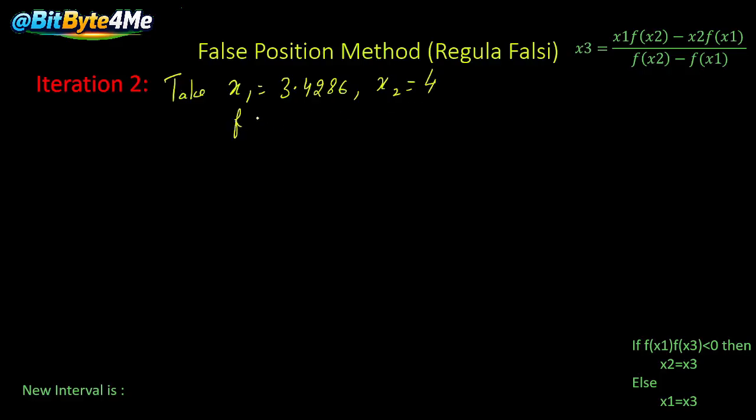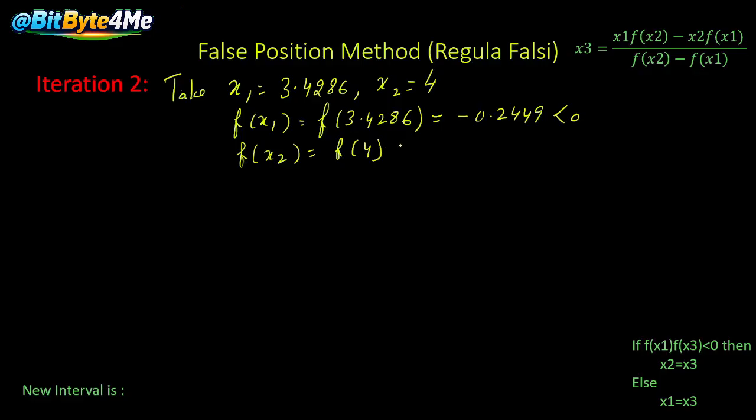From the previous iteration you have seen that f of x1, means f of 3.4286, is equal to minus 0.2449, which is less than 0, and f of x2, that is f of 4, which we already have calculated, is equal to 4. Now x3 can be calculated by this formula, x1 into f(x2) minus x2 f(x1) over f(x2) minus f(x1).